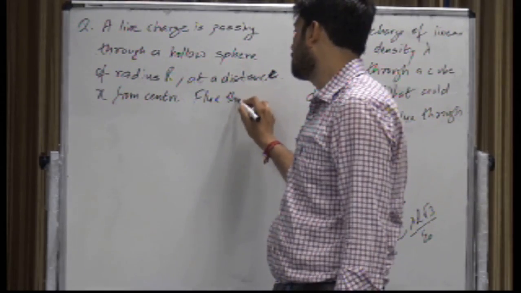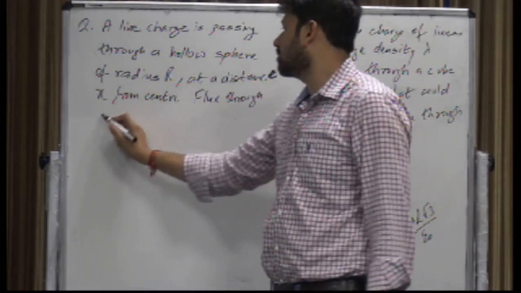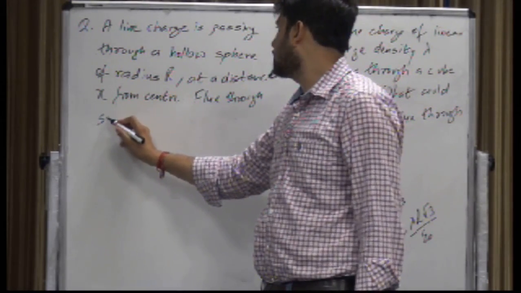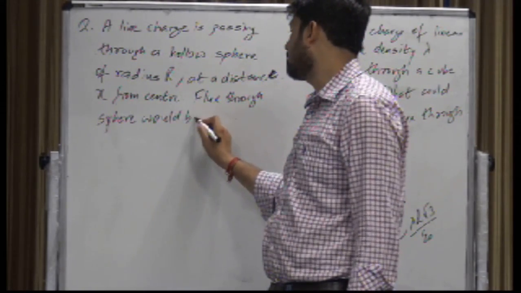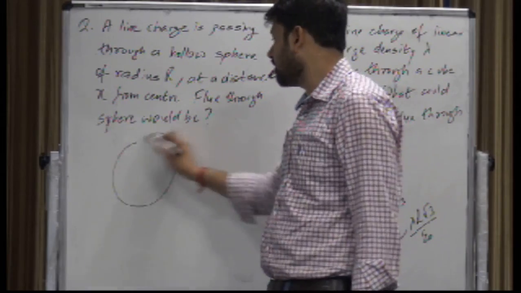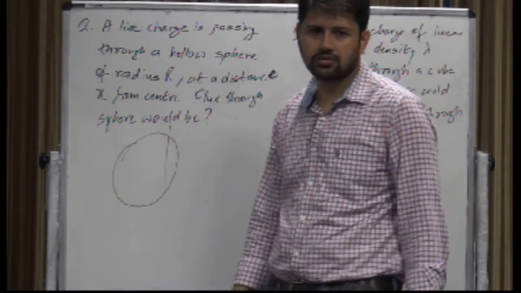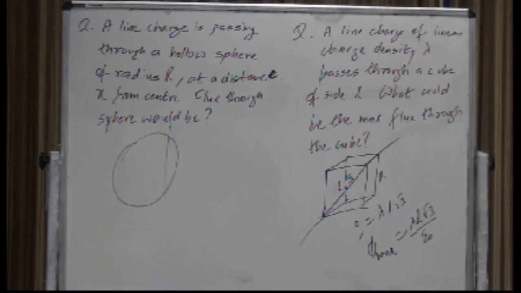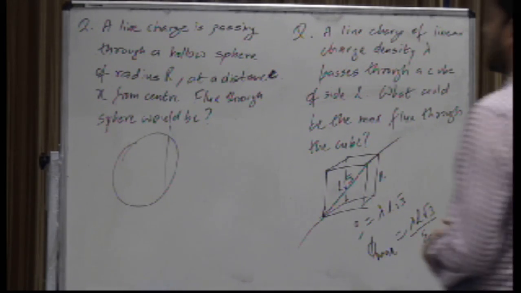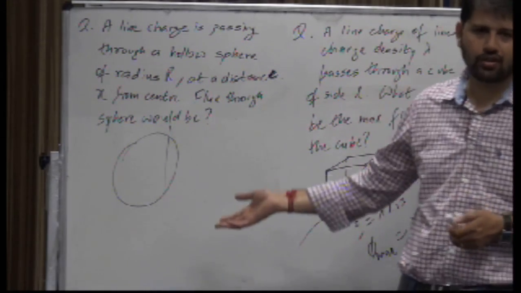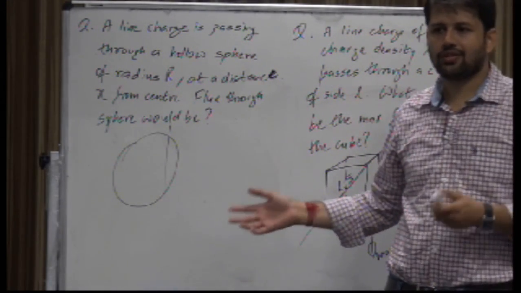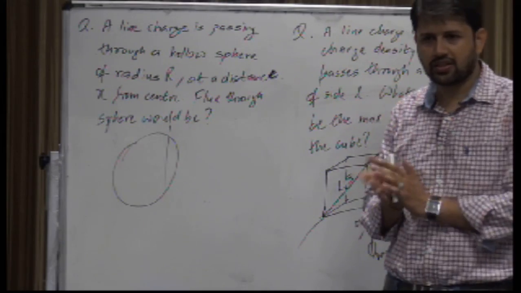Flux through the sphere would be... It is some kind of arrangement like this. The question didn't give the figure. I drew it so as to help you. The actual question didn't have any figure.